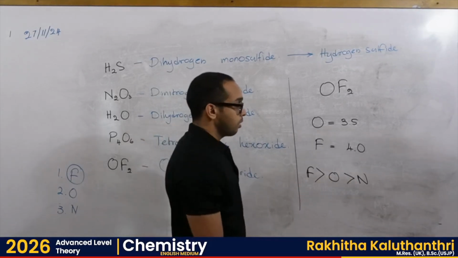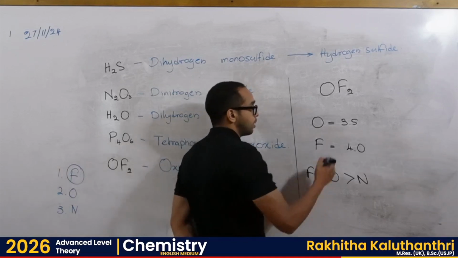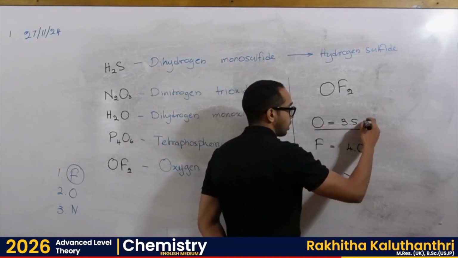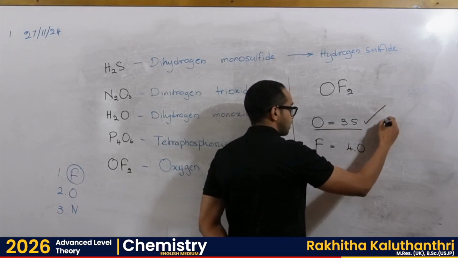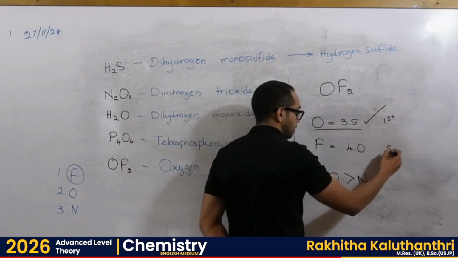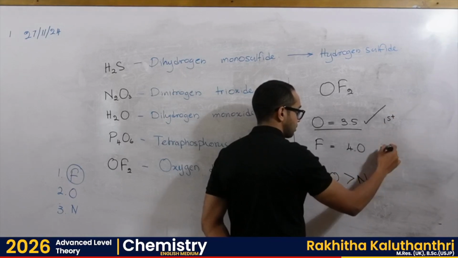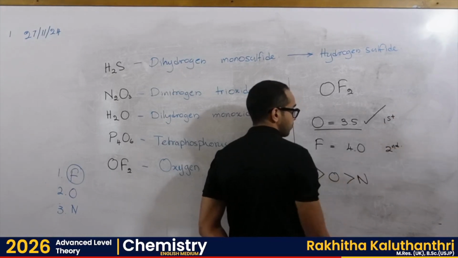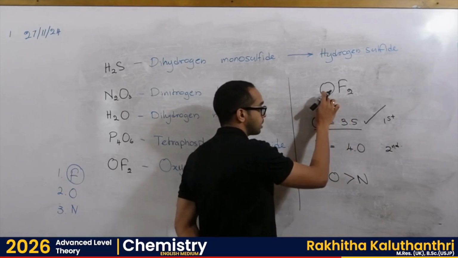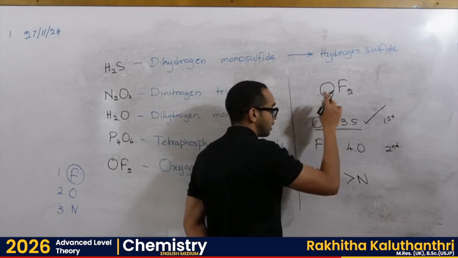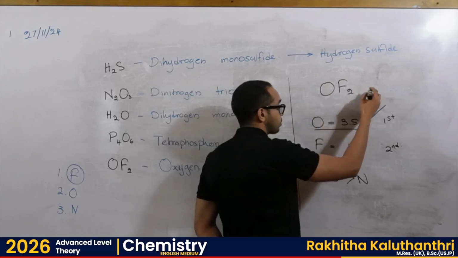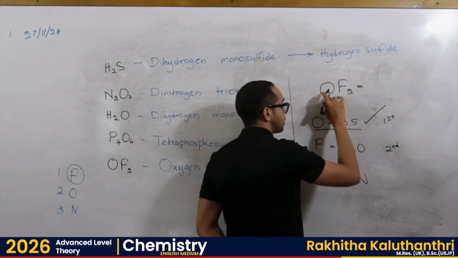So in the naming system, the rules that I have given you, we are supposed to name the less electronegative element first, and then the more electronegative element second. So over here it's very clear that oxygen is the less electronegative element, and fluorine is the more electronegative element. So the name of the oxygen atom was written first.